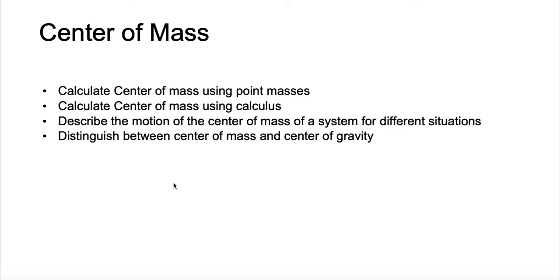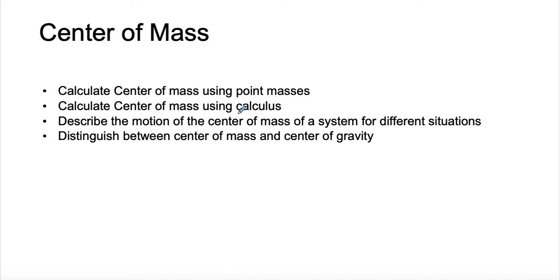So you should be able to calculate center of mass using point masses and calculate the center of mass using calculus, and then describe this. These are going to be using the formulas for center of mass.